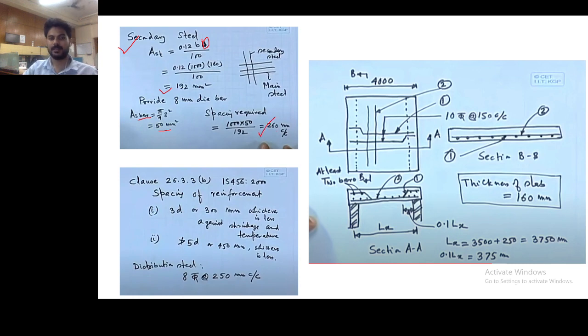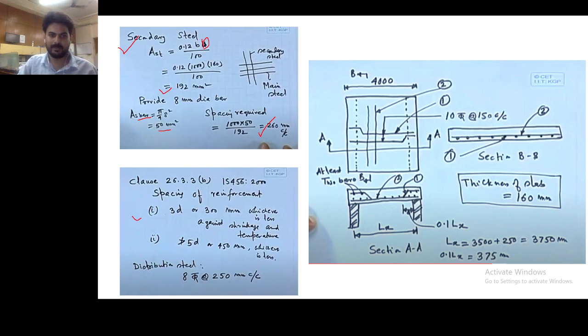But there is a check for this spacing, is it correct or wrong? For that clause number 26.3.3 is given. The main questions are like that. They will ask for the secondary reinforcement, what is the clause to check the spacing.